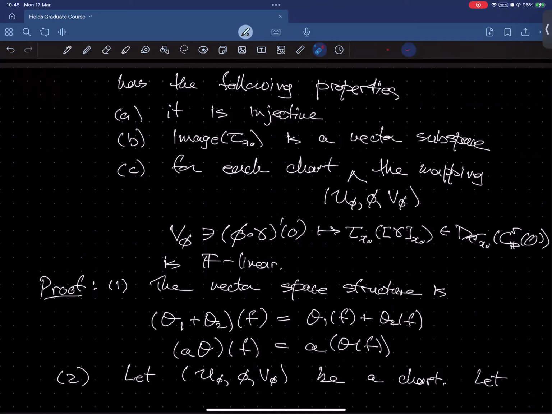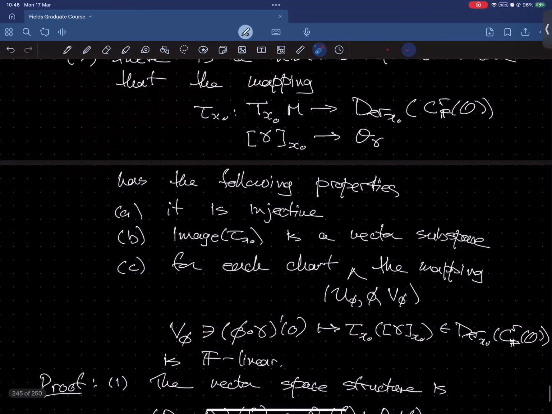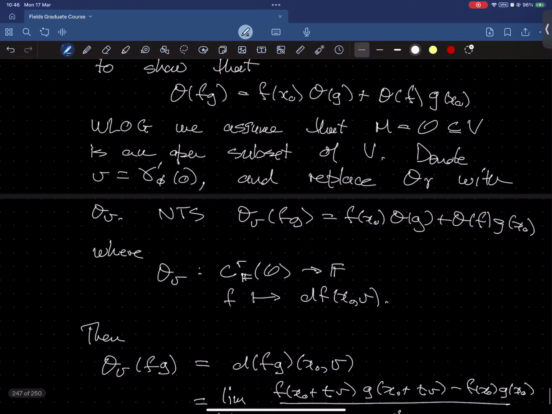I have this one here, and I choose an arbitrary tangent vector in here. And so the point is that I've shown that this is possible for some curve gamma. And I need to show that if I apply this mapping, which I have from up here, which assigns to a tangent vector the corresponding derivation, I need to show that it's linear. Okay, good.